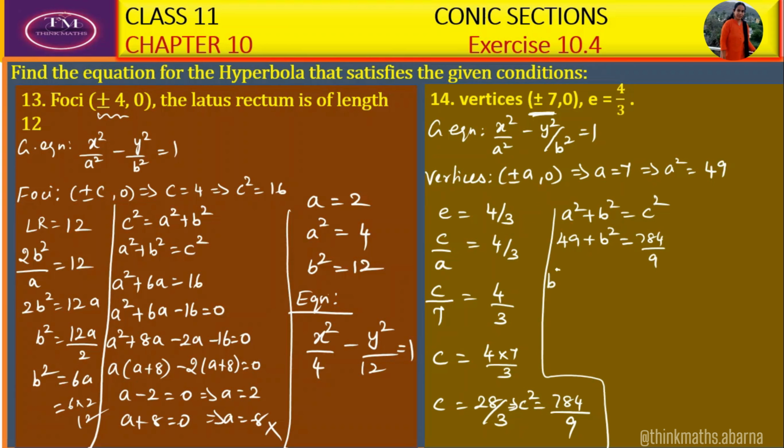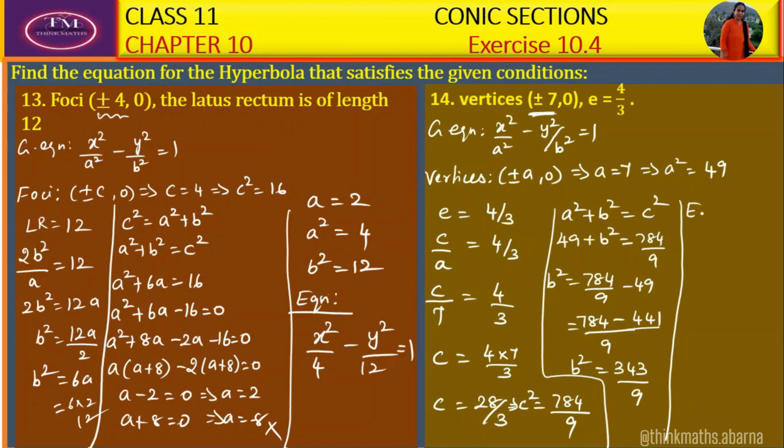So b square will be 784 by 9 minus 49. So taking 9 as LCM, it will be 784 minus 49 into 9 is 441. On subtracting, we get 343 by 9.